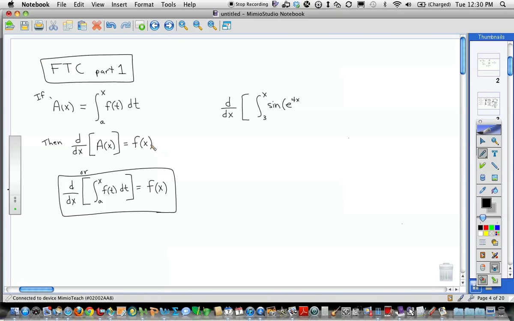You're supposed to write, what does that equal? And what would you write? Sine of e to the 4x. That's all you would write.